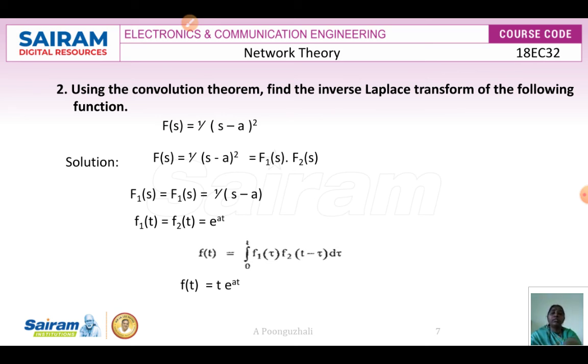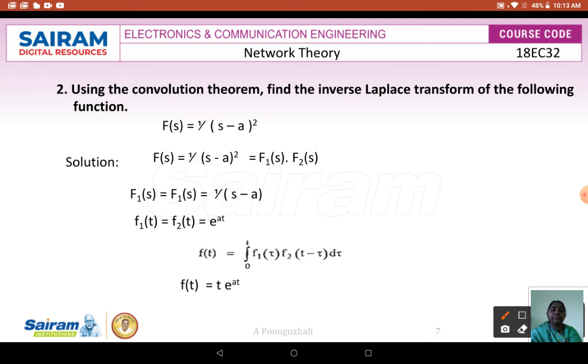So now we are going to substitute the limits here. Your f of t is equal to integral 0 to t, e power a tau into e power a into t minus tau d tau.